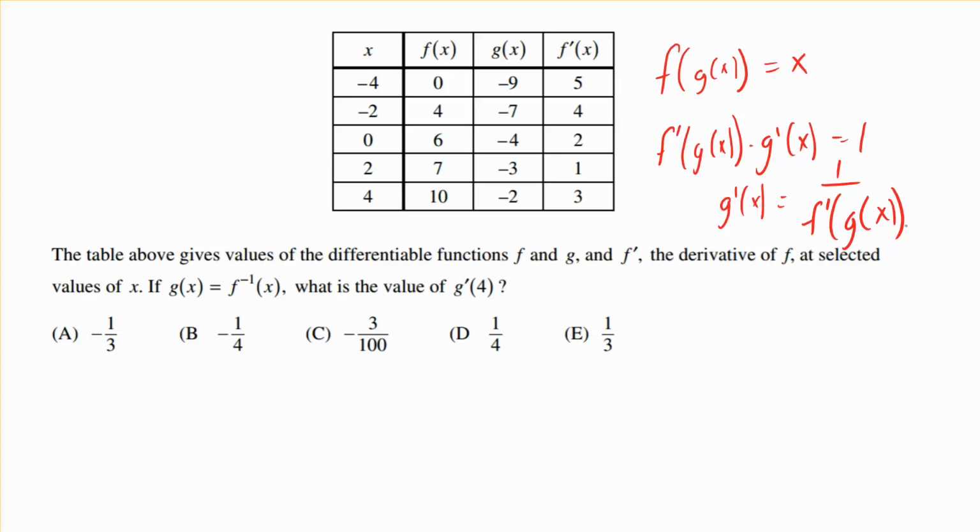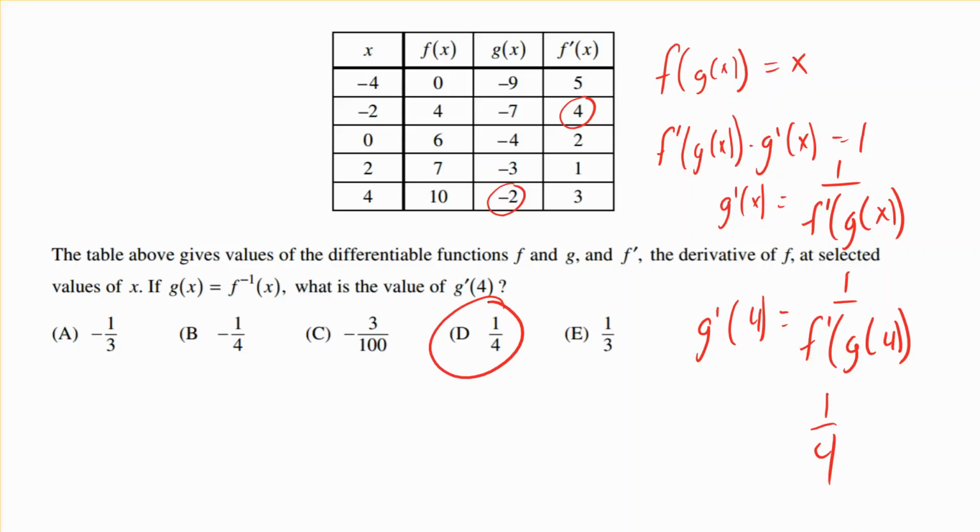And there we go. So now I want g prime of 4, which is 1 over f prime of g of 4. G of 4 is actually negative 2. F prime of negative 2 is 4. So my answer is 1/4.